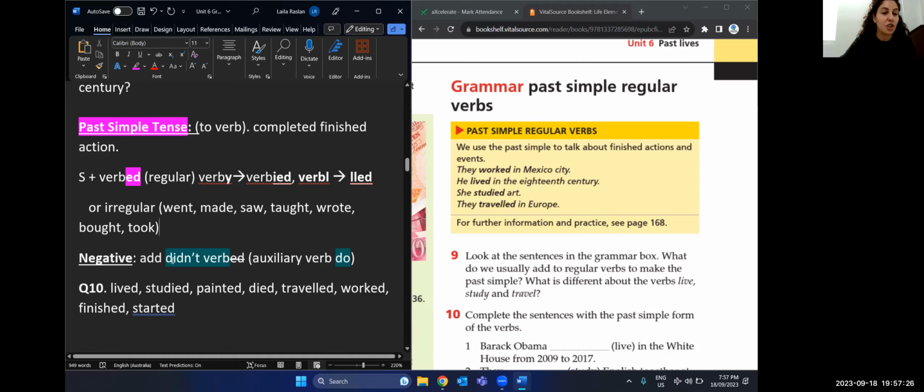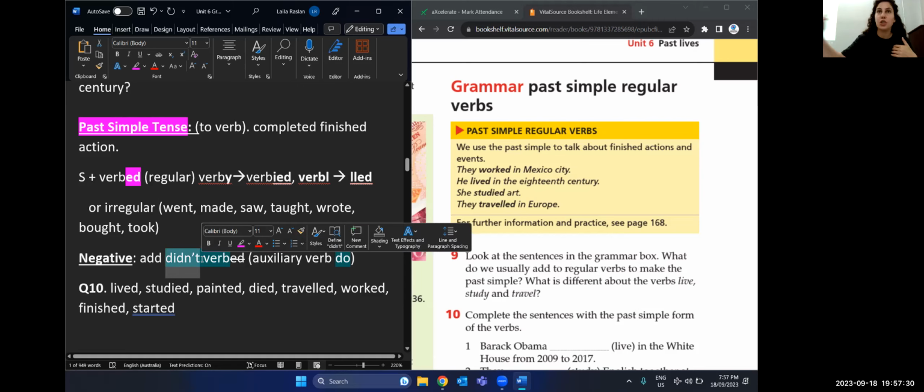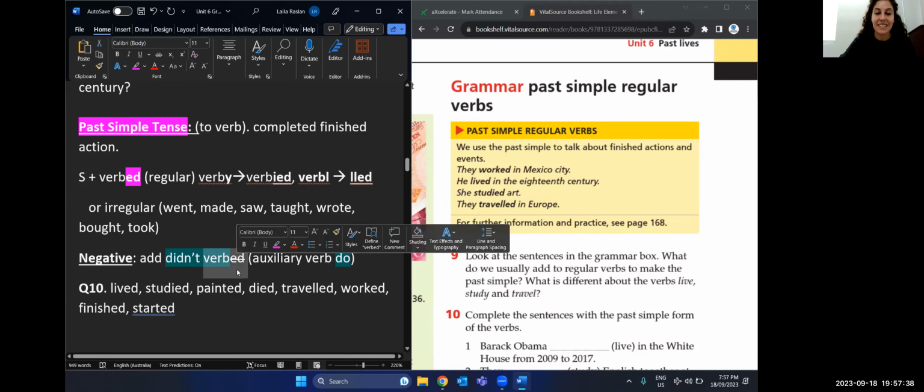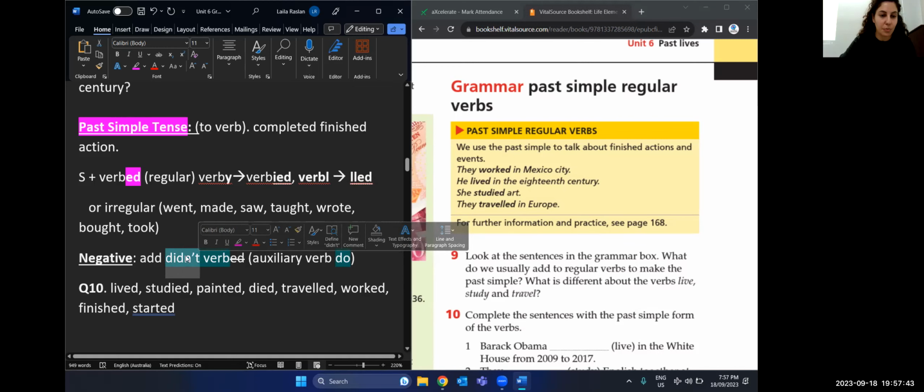To make a negative, you add didn't to all of them. I didn't, you didn't, he didn't, she didn't, it didn't, we didn't, they didn't. And then the verb, but you do not add the ed. You're adding the didn't, and did comes from the verb do, so we're already changing the helper verb.